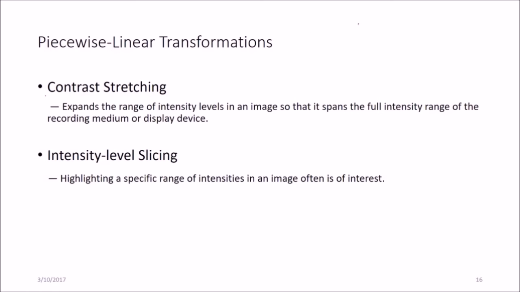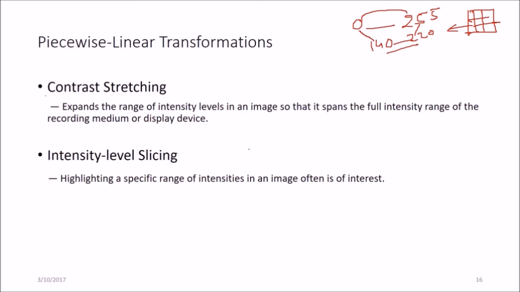What it means is, suppose the full intensity range of your recording medium is from 0 to 255, but the image has come and all the values lie between say 140 to 220. So actually this image has a low contrast. It is not utilizing the complete range which this device has. So we assign 140 to 0, 220 to 255 and then stretch it. This is called contrast stretching.